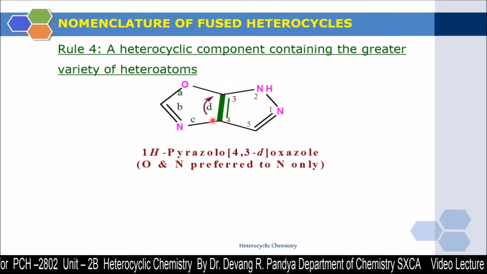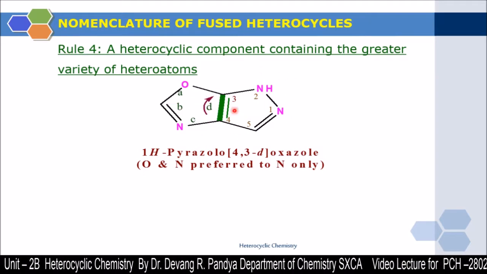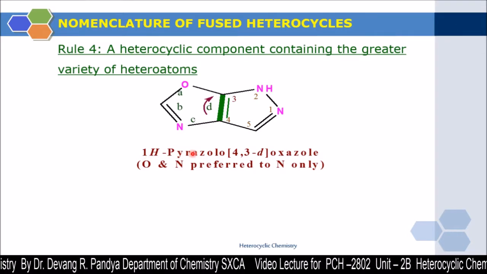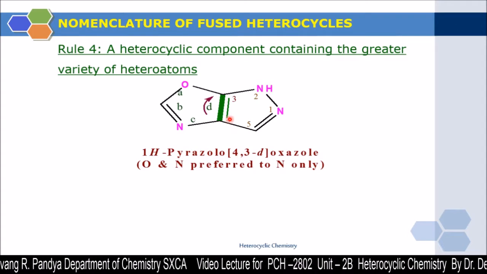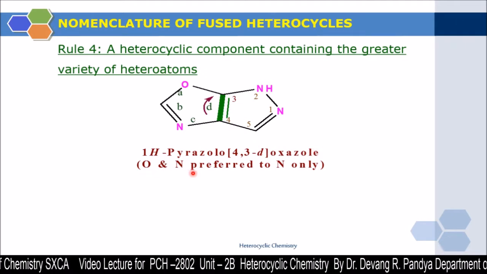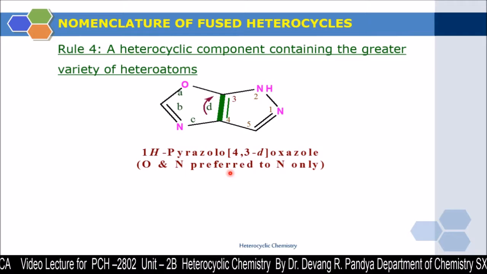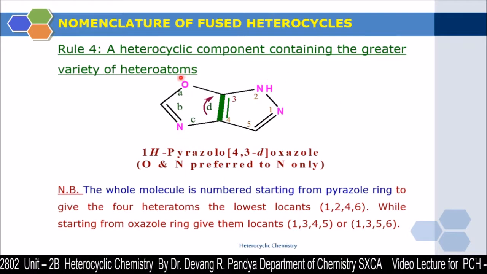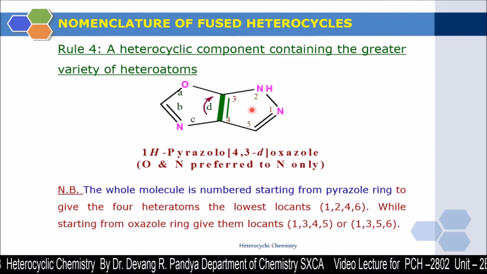The overall numbering is given over here, but we need to go for individual numbering as well according to the rule. So 1H-pyrazolo[4,3-d]oxazole, oxygen and nitrogen preferred to only nitrogen. So here 2 nitrogens are there, and oxygen and nitrogen are there, so this ring is going to be the parent ring and this one is a fused ring.